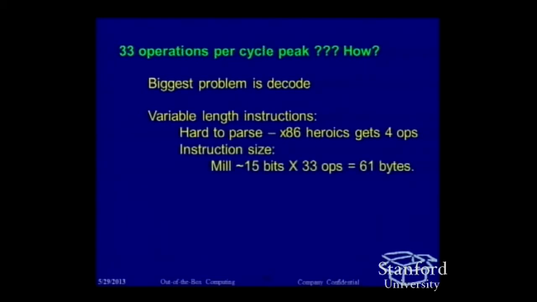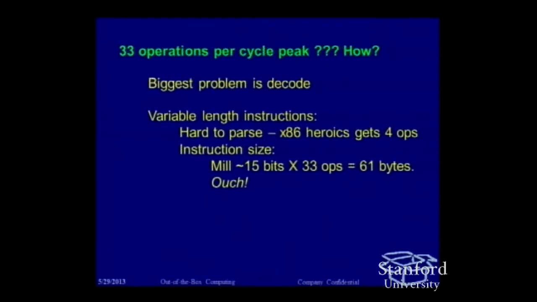So, we actually have a very compact instruction set encoding, and we run around 15 bits per operation, per add, per multiply, per load, whatever. On the average, we run around 15 bits. We put an awful lot of effort into being compact because of this instruction cache problem. And that times 33 ops, well, we're still around a whole cache line per cycle, and we really don't want to do that.